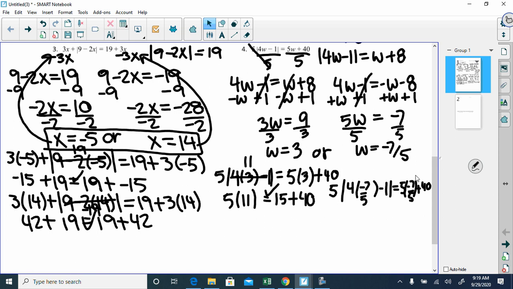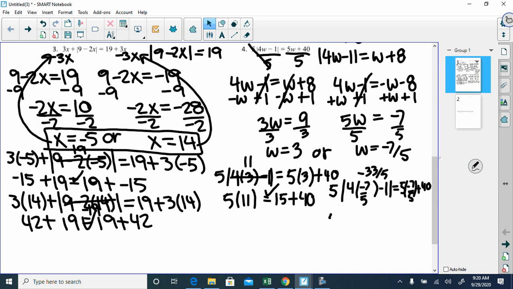Okay, so I would have 4 times negative 7/5, which would give me negative 28 over 5, right? And what is negative 28 over 5 minus 1? Yes, negative 33 over 5. And it's inside the absolute values, right? Okay. And how far is negative 33 over 5 from 0? 33 over 5, right? Just makes it positive.